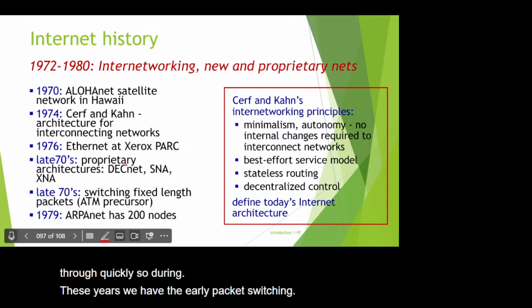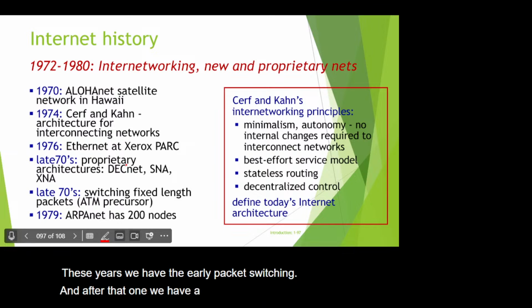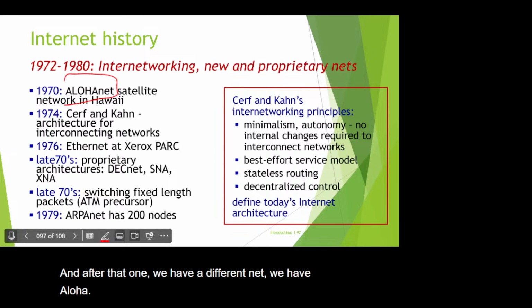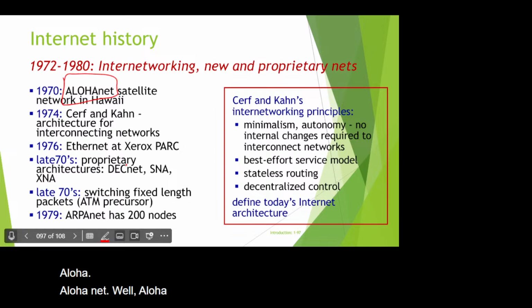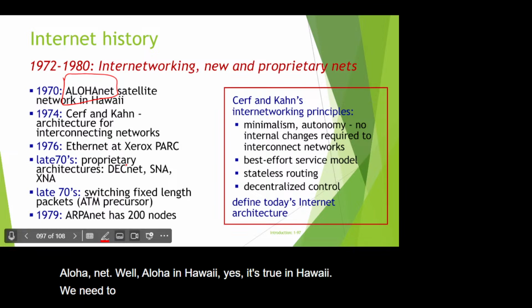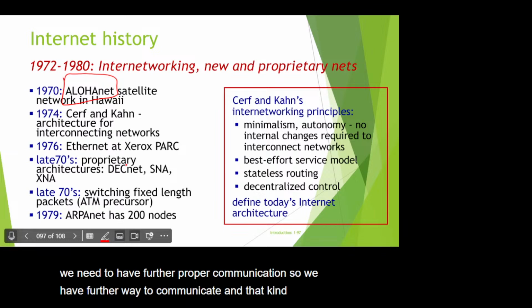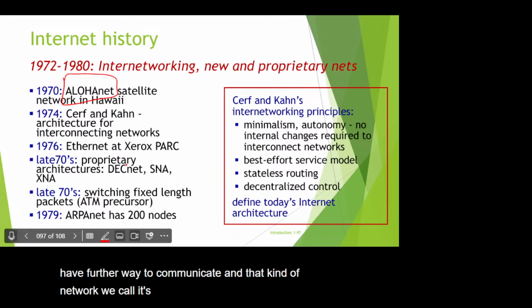And after that, we have a different net. We have Aloha, Aloha net. Well, Aloha in Hawaii, yes, it's true. In Hawaii, we need to have proper communication, so we have a way to communicate, and that kind of network we call Aloha net. And Aloha is based on satellite.